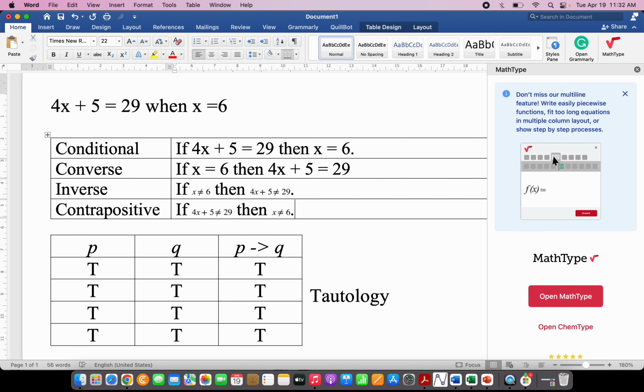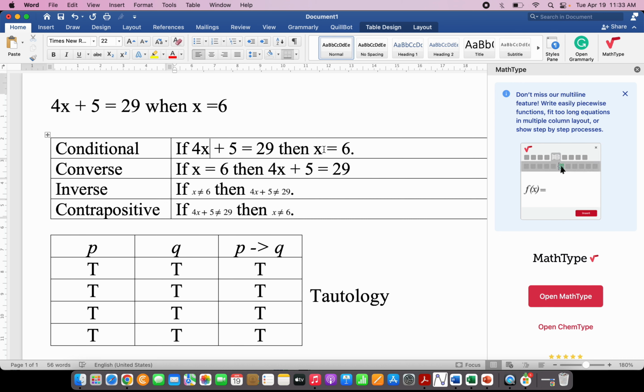In terms of truth value, itry nyo. If 4x plus 5 equals 29, true naman yung mathematical statement. However, I don't know if the conclusion is false or true. I-substitute nyo dito. When x is equal to 6, so 4 times 6 is 24, plus 5 is equal to 29.